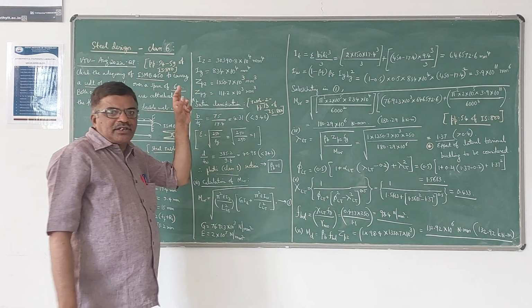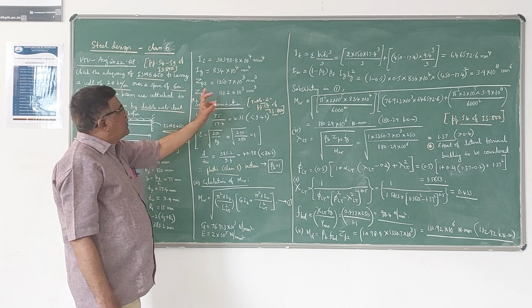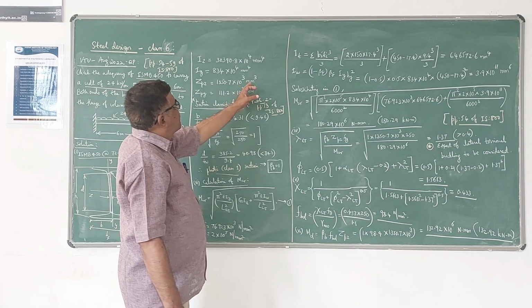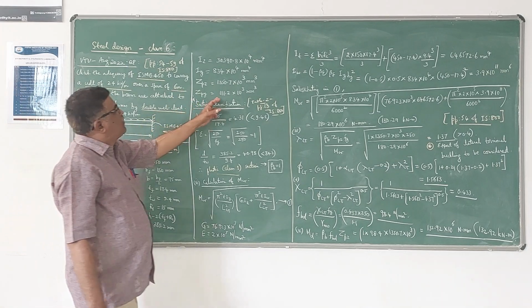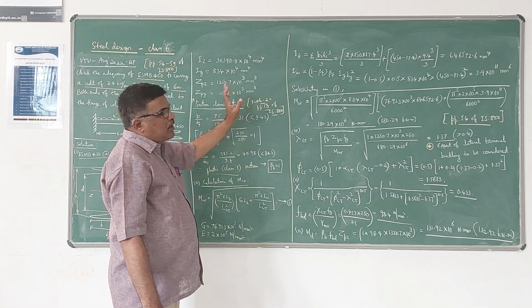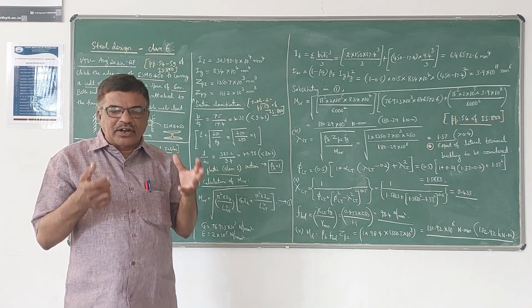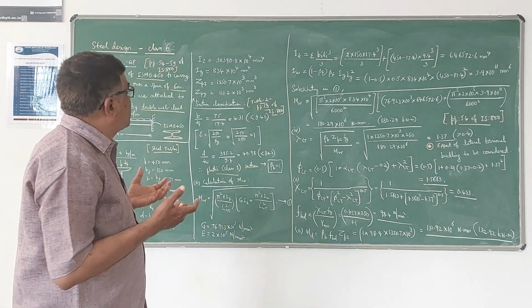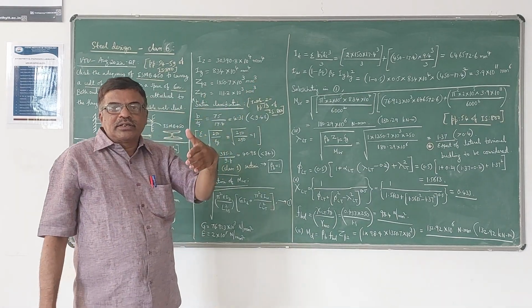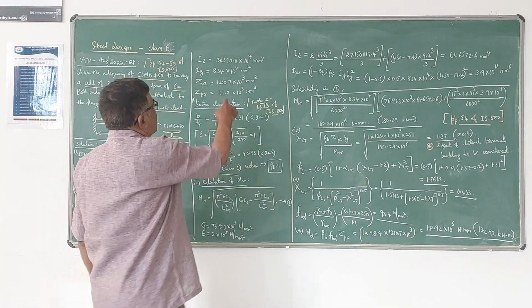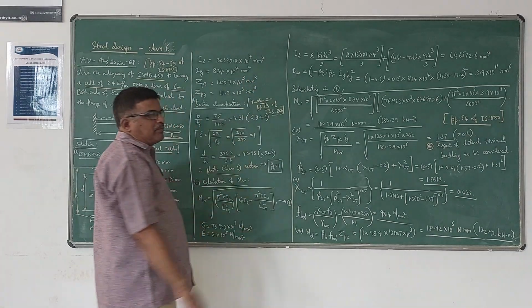Zpz, the plastic section modulus of this section, 1350.7 into 10 power 3 millimeter cube. And Zpy about the y axis, 111.2 into 10 power 3 millimeter cube. The values are given in centimeters, centimeter cube and centimeter power 4 in the steel tables, so you have to multiply by 10 power 4 and 10 power 3 accordingly to get millimeters.